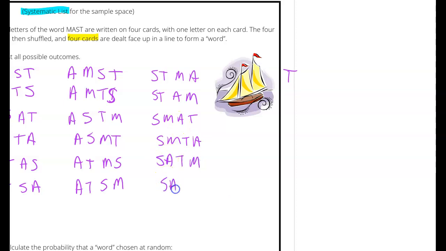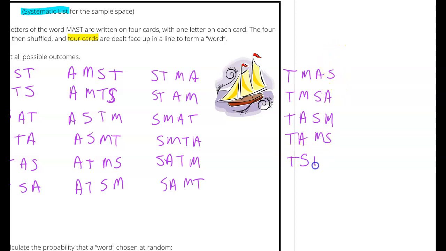S-A-T-M, S-A-M-T. And then finally, the ones starting with T: T-M-A-S, T-M-S-A, T-A-S-M, T-A-M-S, T-S-A-M, T-S-M-A.